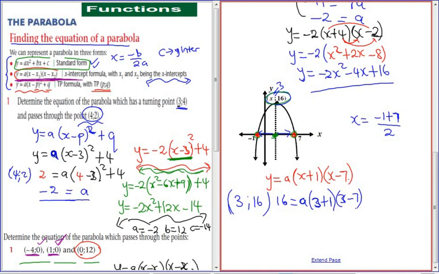And then this is 16, so it's 4 there for this part, 4, and that's, is that -4? 4 times -4, that will be -16, and let's get our a value of -1 here. That's what I'm getting.